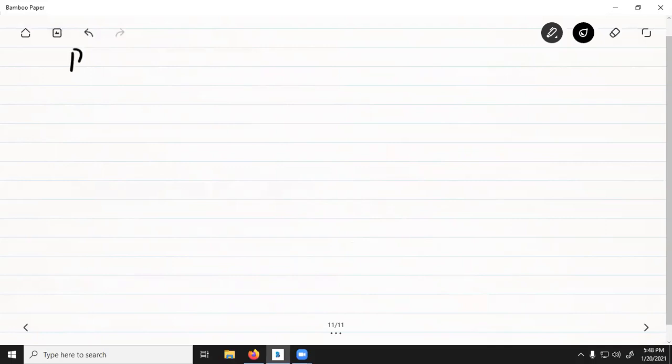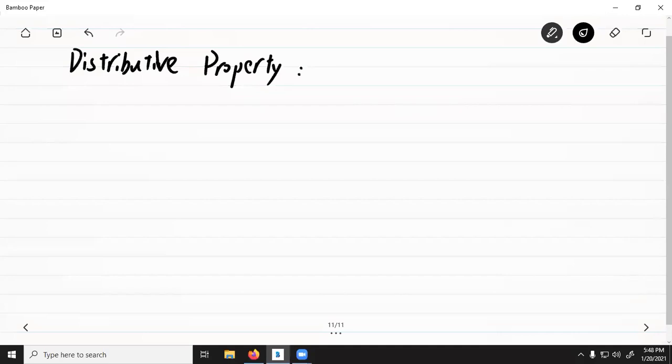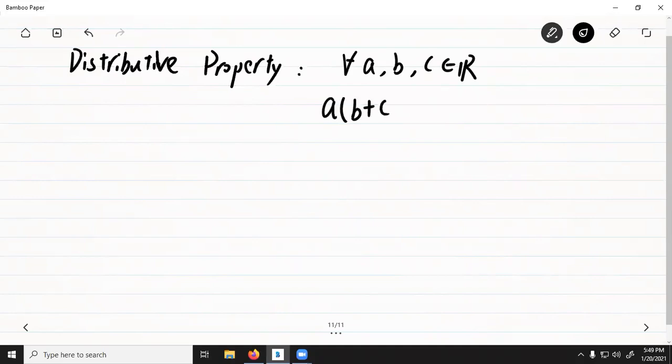This is the distributive property, which means for any 3 real numbers A, B, and C, A times (B plus C) is equal to A times B plus A times C.